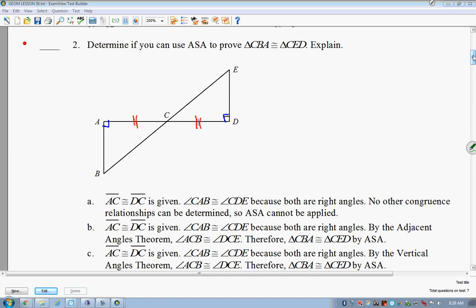Okay, Michael, what do you think? No, we don't have that, and even if you did, right? Let's say that we knew that. That would be angle side. Would we be able to use angle side angle? No. The only way I'd be able to do that is if somehow I found out that AB was congruent to ED, but I don't have enough information for that. Katie?